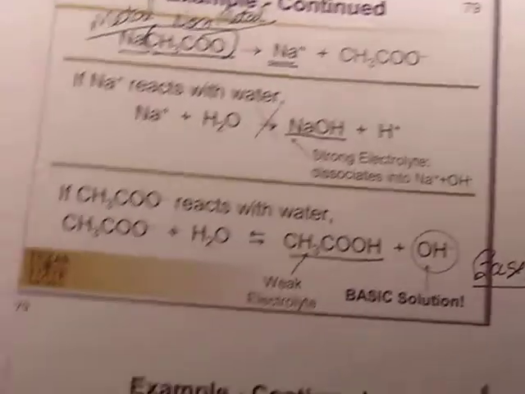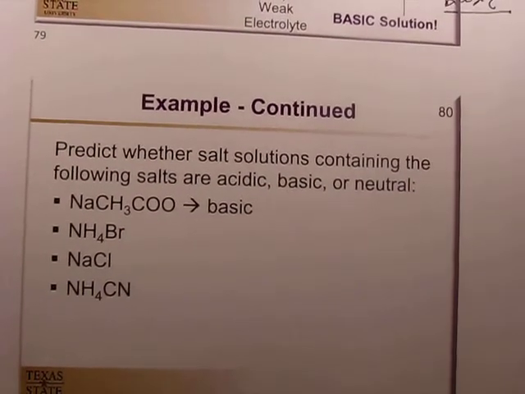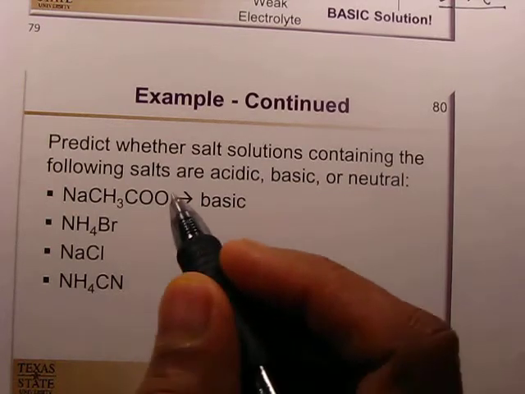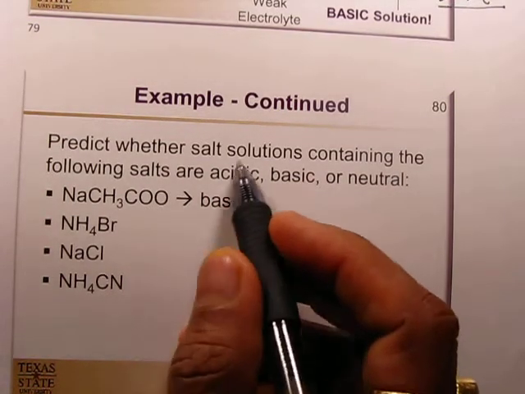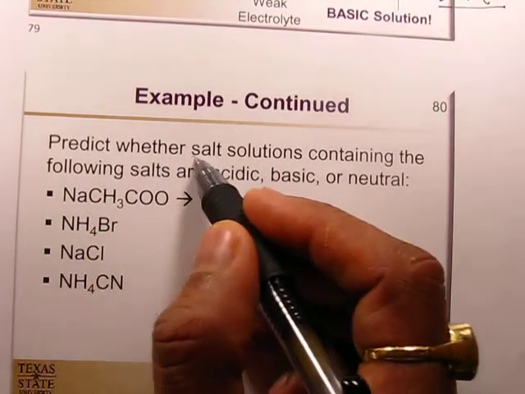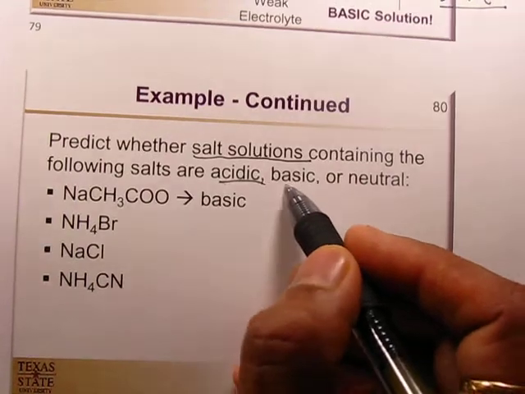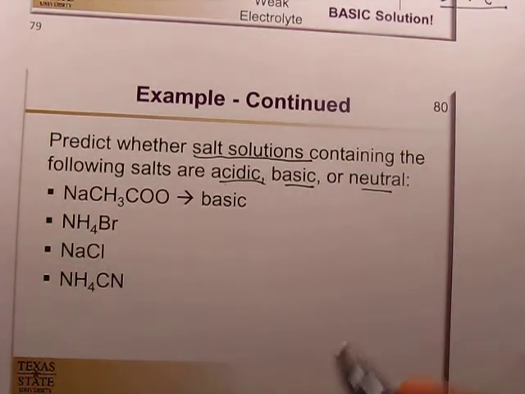So let's continue with some more examples, to see what will happen when sodium acetate is dissolved in the water. Predict whether the solutions containing the following salts are acidic, basic or neutral. How can we predict?